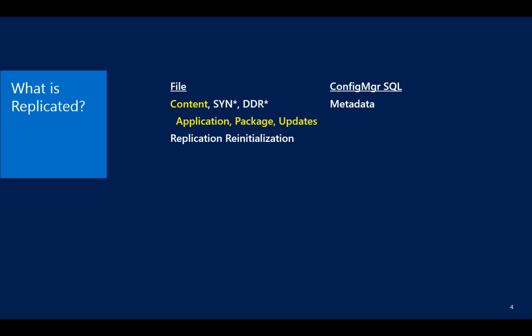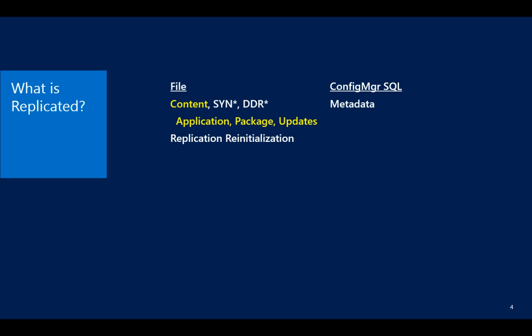Other things that you might see being replicated might be, in some cases, discovery records. In the case of software updates, we have a synchronization process that needs to happen so that you can get the latest updates from Microsoft Update, and then that information gets down to your child software update point. So let me explain that for a minute. When we synchronize data for our software update point from Microsoft Updates at the CAS, right, that's metadata.